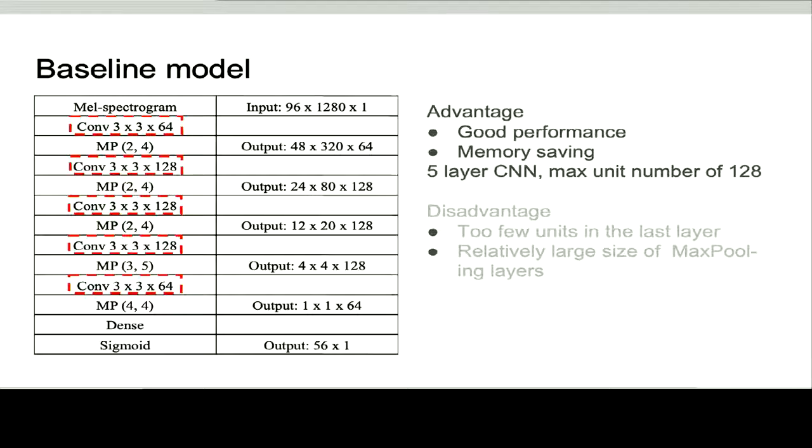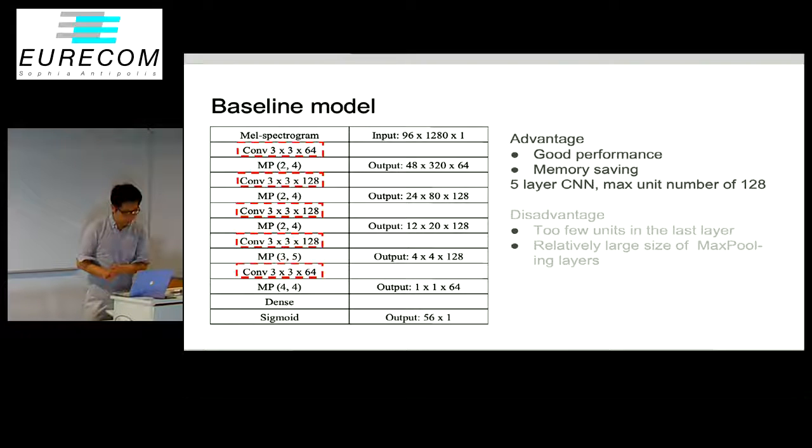For the baseline model, we tested it, and it achieved good performance, and we think this is very memory saving because it only has 5 CNN layers and only has a max unit number of 128.